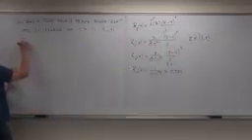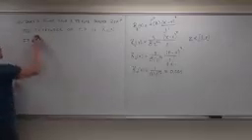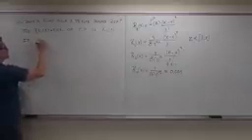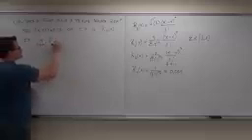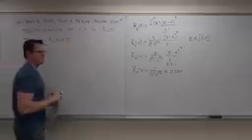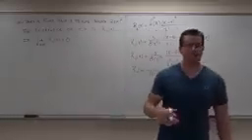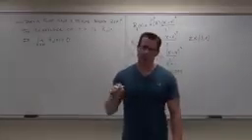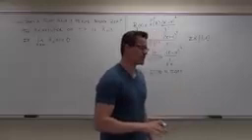Here's the idea. If the limit of your remainder goes to 0, if the limit of your remainder from your Taylor polynomial goes to 0, then our function can be represented by a Taylor series. And I'm not going to prove it, I'll give you the idea of the proof.